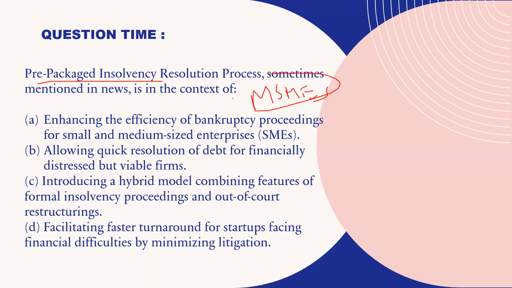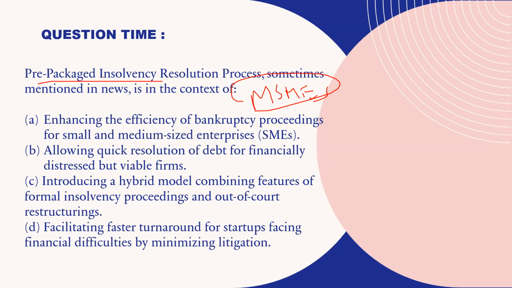See what happened in IBC. In IBC, it is mostly for large corporations. For MSMEs it will also work, but MSMEs require a somewhat faster resolution. So they brought in a pre-packaged insolvency resolution. Some pre-mediation will be done, an out of court settlement you can call it, to solve the issues of MSMEs.